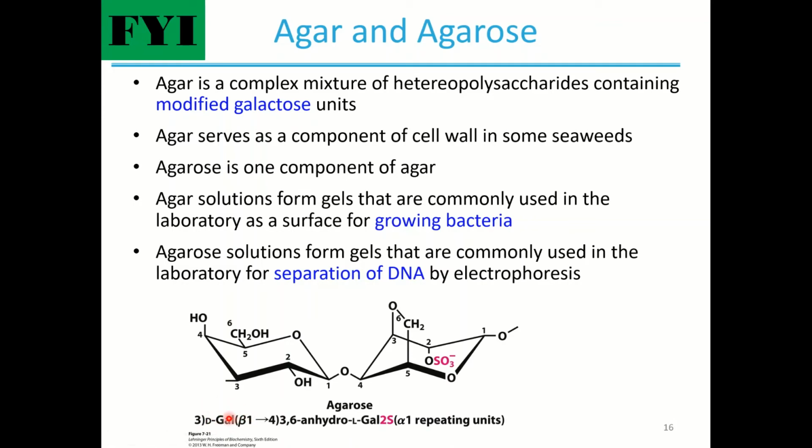It is galactose with a beta 1 to 4 linkage with 3,6-anhydro L-galactose 2-sulfate. So it's very complex. Again, you're not going to need to know this structure for this class, but if you're interested in what those agar plates or agarose gels are, it's a polymer of this repeating disaccharide.